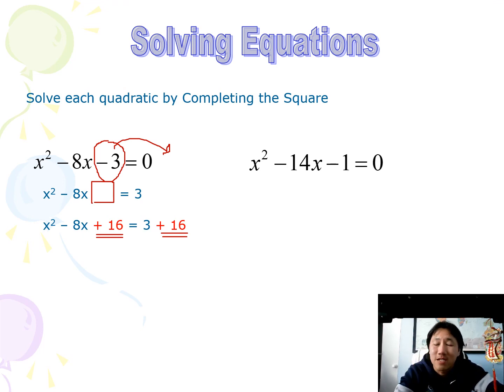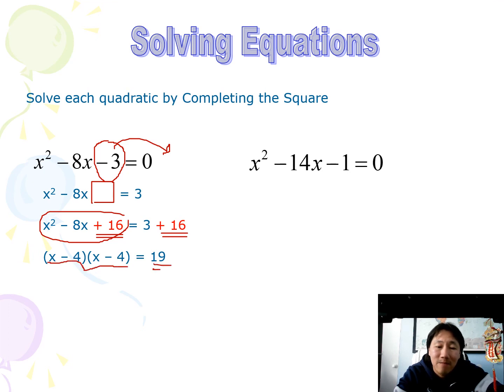That magic completing the square number. The reason why is because now this will be perfect. There it is. X minus 4, x minus 4. It's perfect. This side, I just combined the 3 with the 16 to get 19. Since it's perfect, I only had to write it once with the little square.